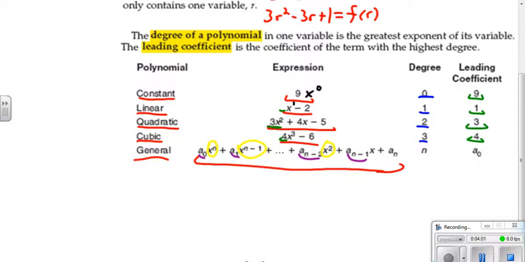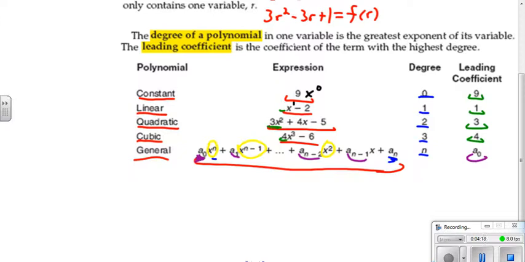So at the end of this, it looks like this is actually just a constant. Well, in those general forms, the degree is the nth power, because this is x to the n. And the leading coefficient was this a sub n that came out front here.